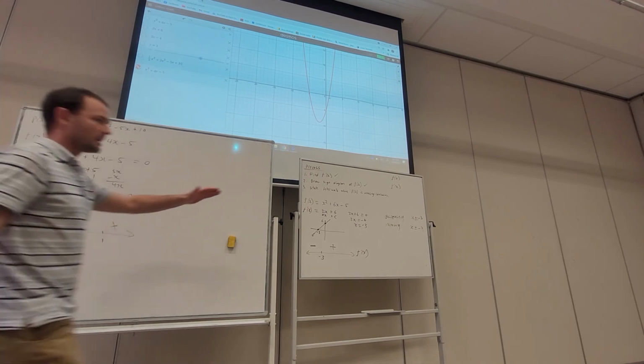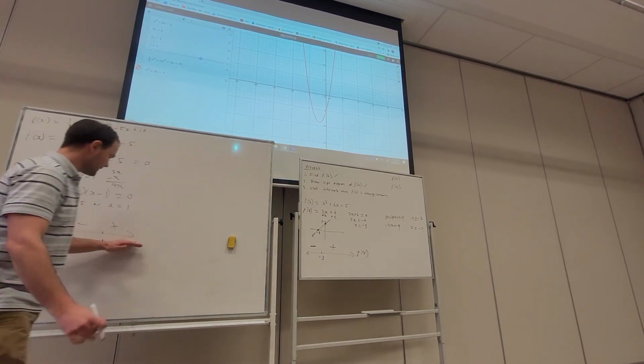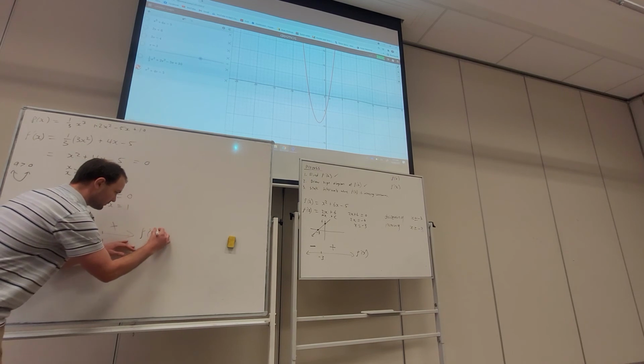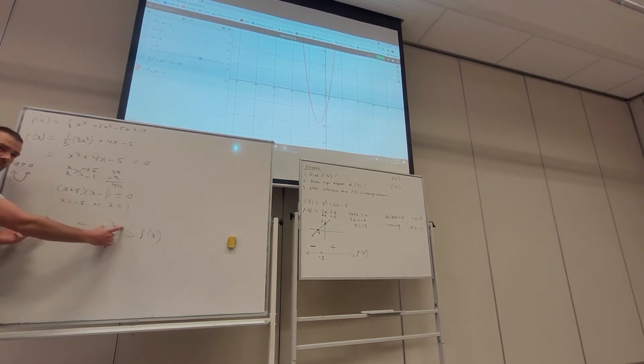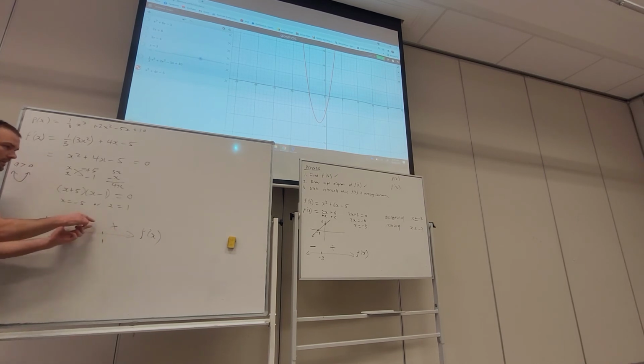Okay, now we're ready to answer the question. Remember, this is the sign diagram of the derivative. This tells us when the slope is positive, that's when the function is increasing, and when the slope is negative.